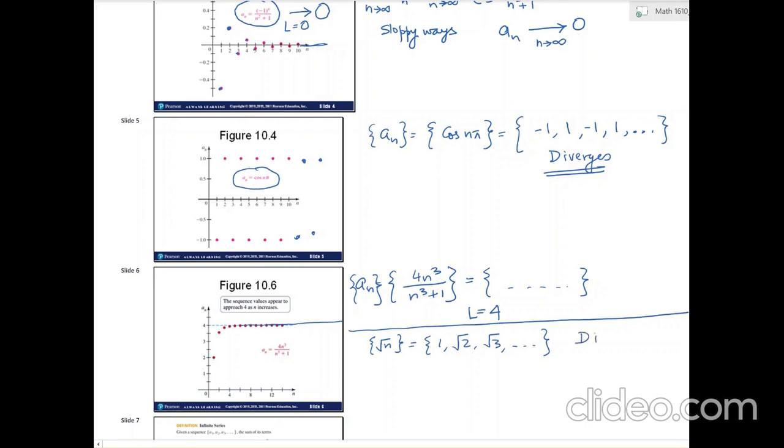So therefore this one diverges. The next one we looked at was n minus 1 over n, and the terms were 0, 1/2, 2/3, 3/4. Now this converges, and we can see very soon that it will actually converge to 1. So therefore L is 1.